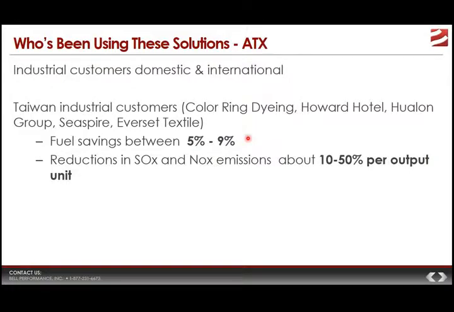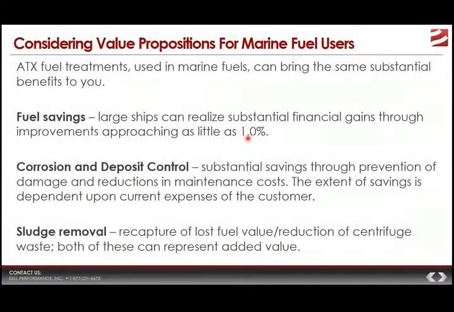There are a lot of industrial customers that engage in things like dyeing plastics, making textiles, manufacturing ceramics and cement. They will use ATX. They will see fuel savings reductions between 5 and 9%, along with emissions reductions in things like SOx and NOx by 10 to 50% relative to the output unit. So those are substantial benefits that these people have been using.